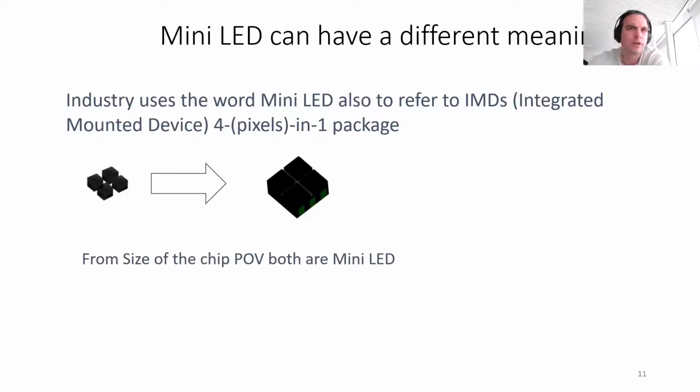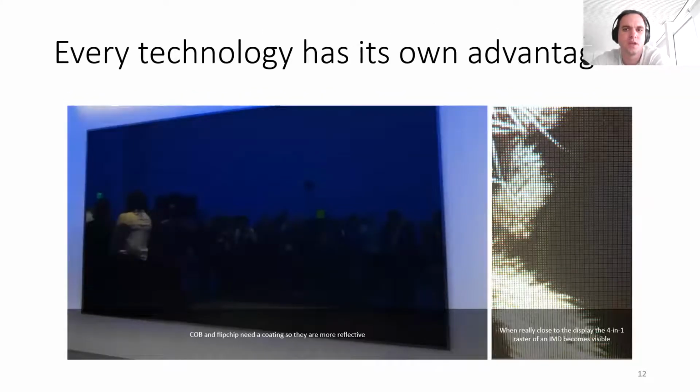It could be more robust, but on the other hand, if you have a malfunction or a defective LED, it's usually a cluster of 4 pixels. Well, not always, but it could be a cluster of 4 pixels. So this could also be more visible. To conclude, every technology has its advantages.